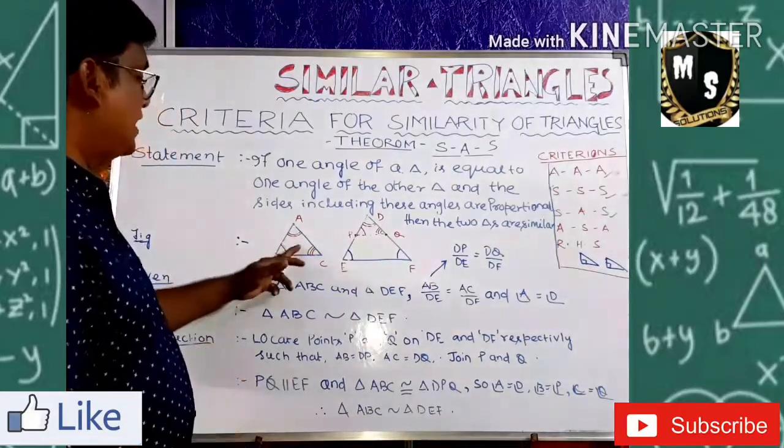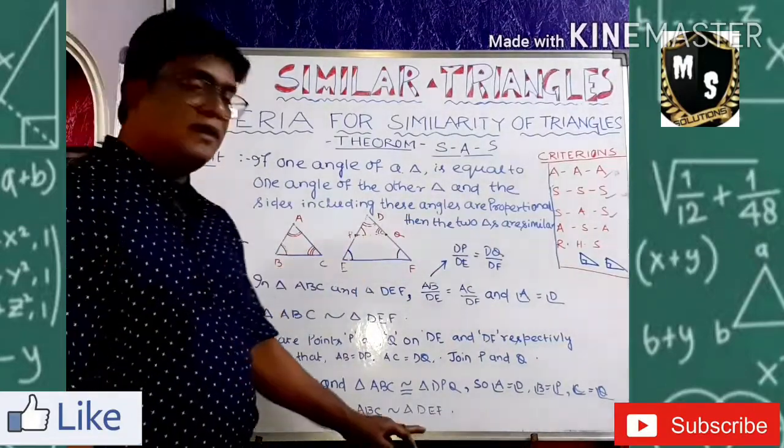For that reason, triangle ABC is similar to triangle DEF.